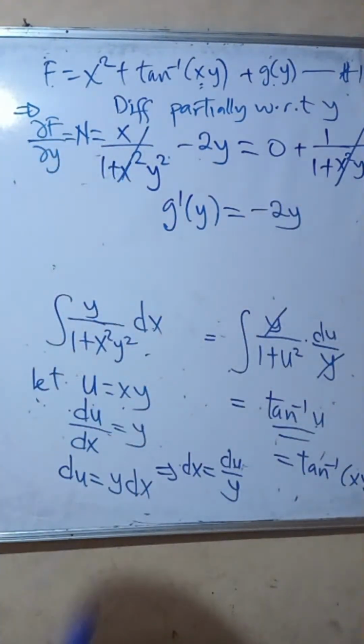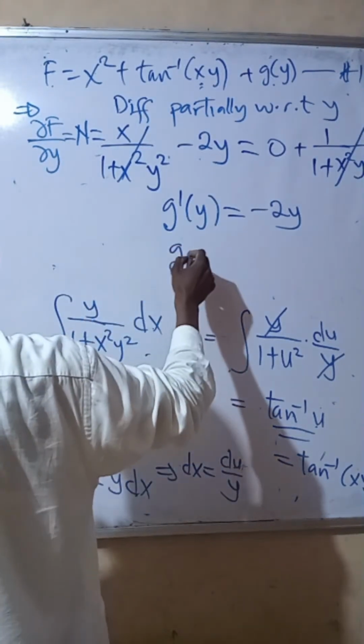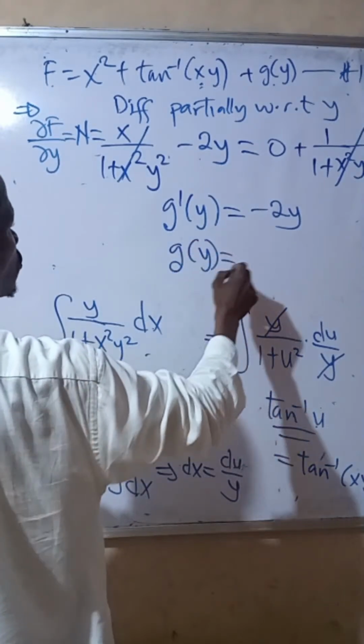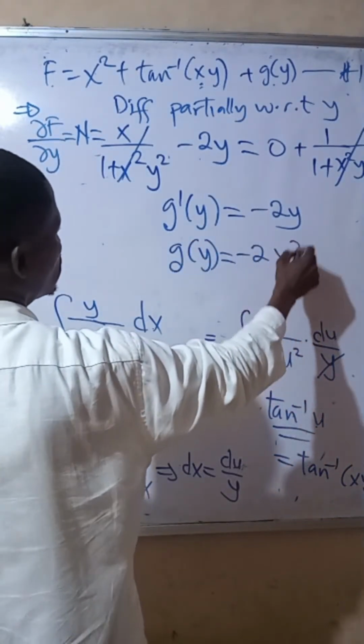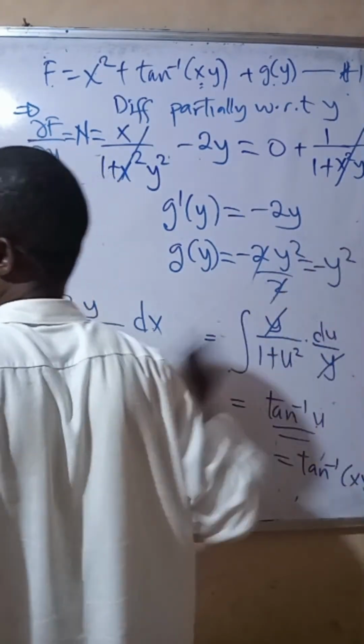So integrate both sides. If you integrate both sides, you're going to have g of y equal to minus 2y squared over 2. So the 2s cancel. We have minus y squared.